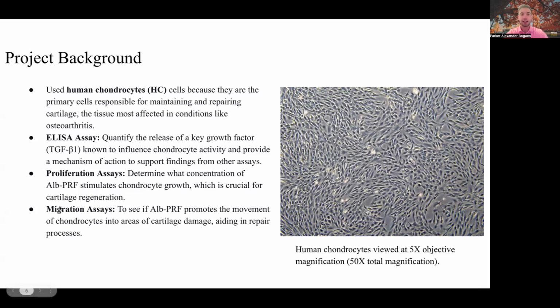I used the optimal concentration that I determined from the proliferation assays in the migration assay to see if the albumin platelet-rich fibrin treatment promoted the migration of chondrocytes into areas of cartilage damage. The image on the right here is human chondrocyte cells being viewed under an inverted microscope at a 5 times objective magnification, 50 times total magnification. And this is what fully confluent chondrocytes look like.